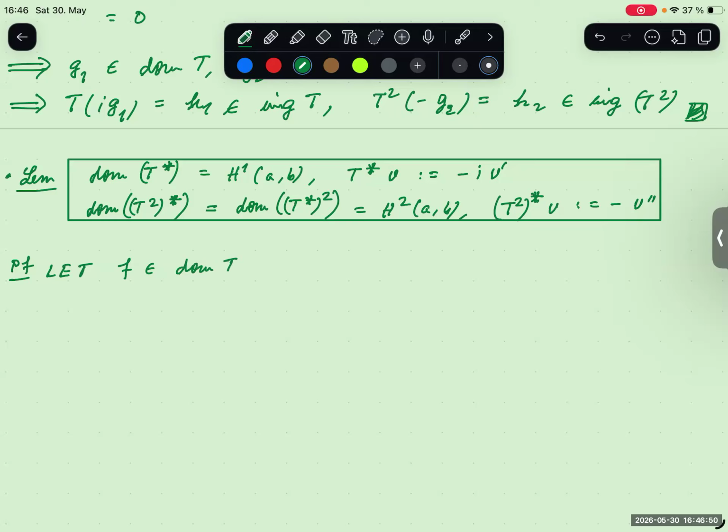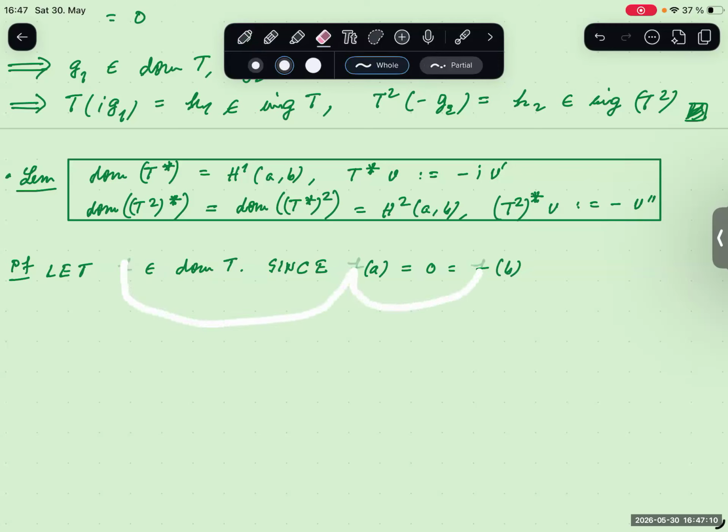Let f be an element of the domain of T, since f of A equals 0 equals f of B. I'm mixing a lot, so let's put u instead.